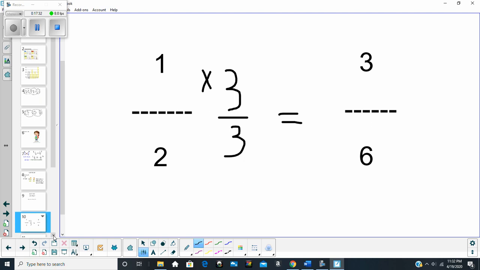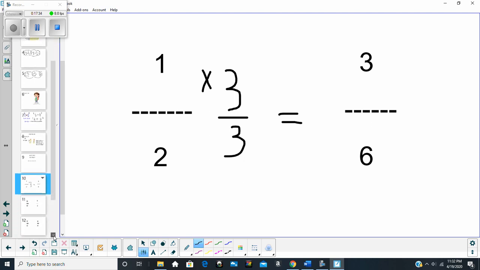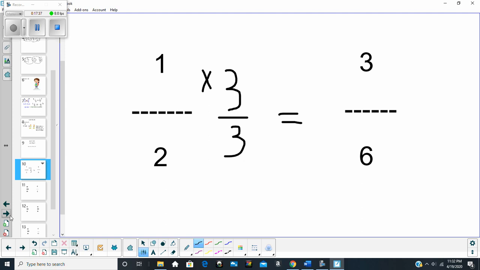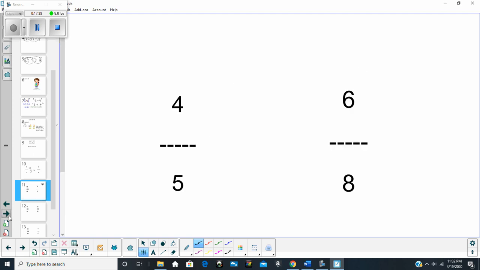Okay, everybody stay seated. Ready for the next fraction? Good, everyone seated. Roger, can you please come and show me why these fractions are not equivalent?